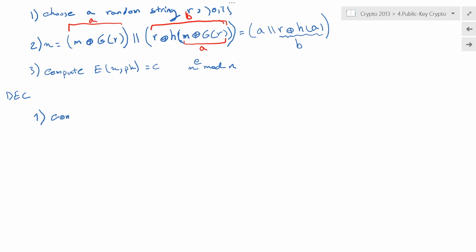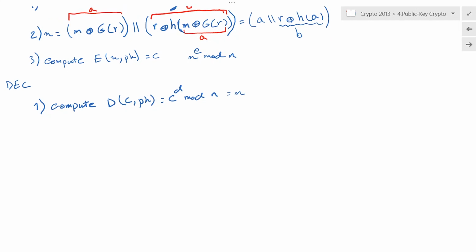So we need to compute the decryption of C with the private key, which is going to be C to the power d mod n, which is going to be x, right? And we know that by definition, x is equal to some a concatenated with b, right?